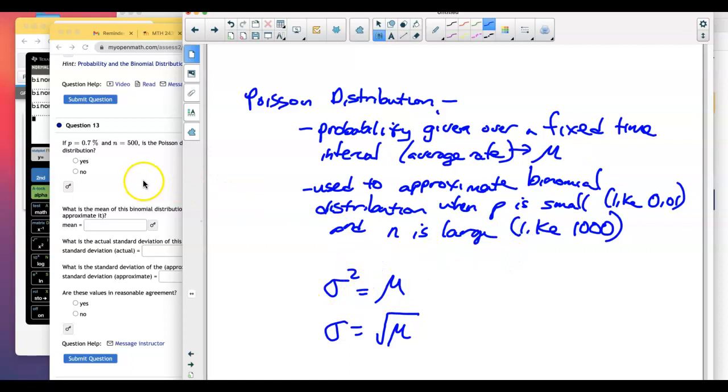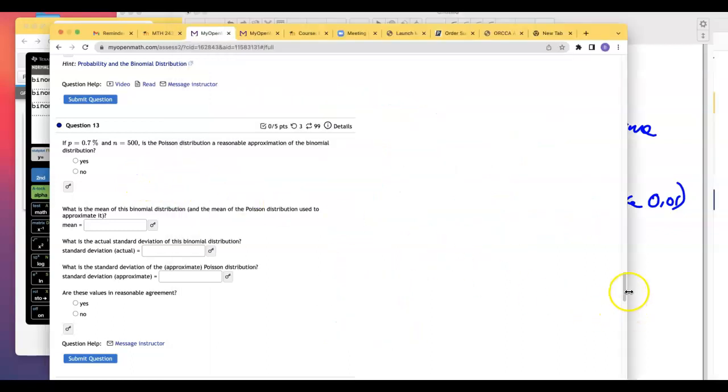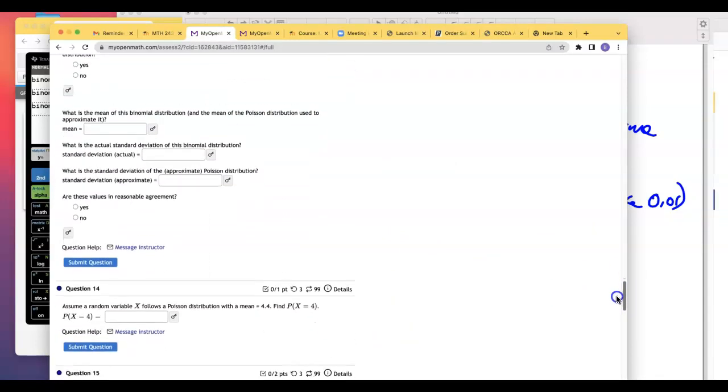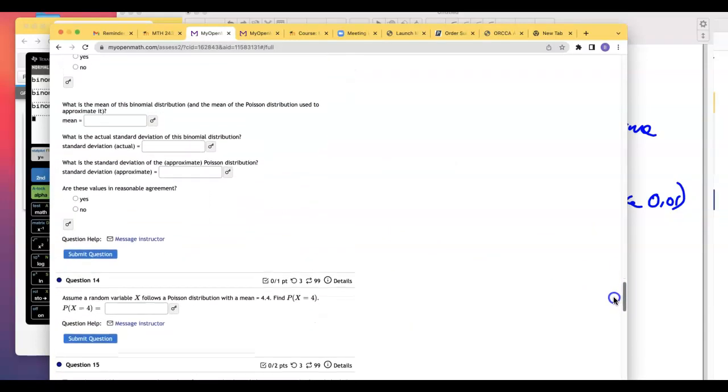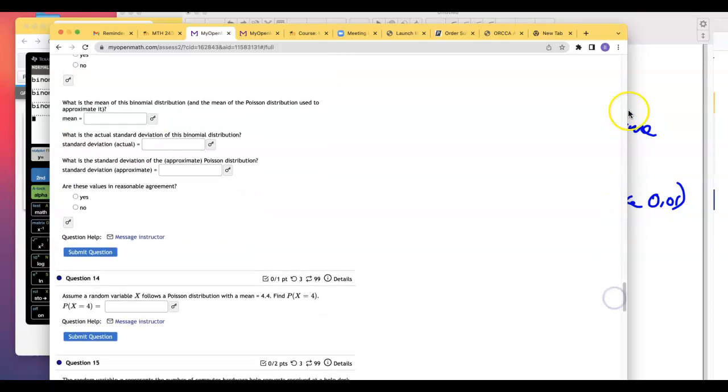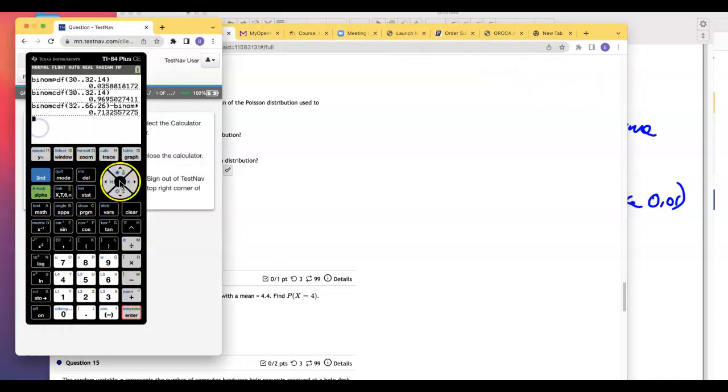All right? Okay. So let's take a look at a question that has to do with the Poisson. Okay, and the Poisson is done the same way as the binomial with the calculator. Okay, so if you go distribution here and you scroll down past binomial, you get to Poisson right here.